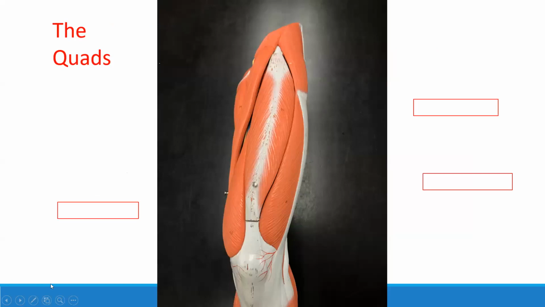In the front of the thigh, on the anterior surface of the thigh, we have the 4 muscles called the quadriceps. And their antagonists are going to be the hamstrings on the posterior surface of the thigh. So the quads, 3 of the quadricep muscles share the same name.